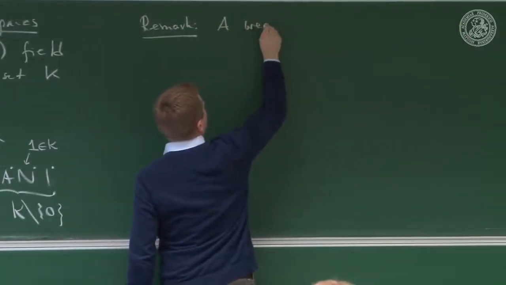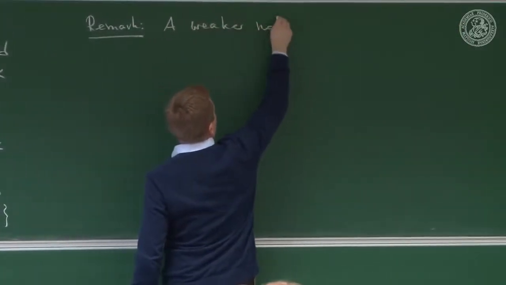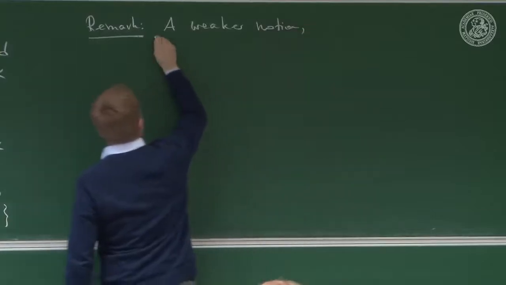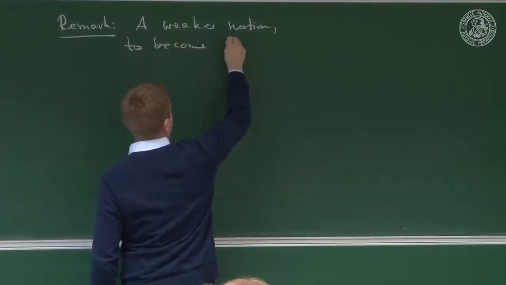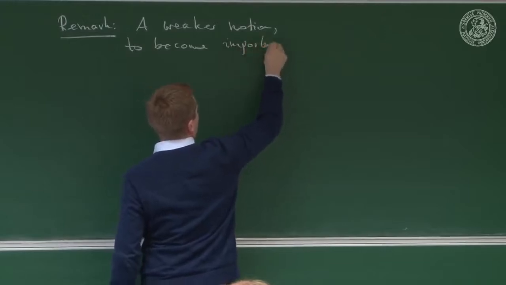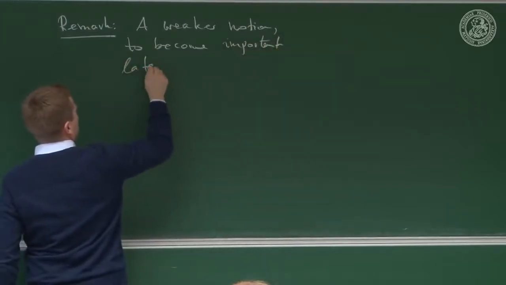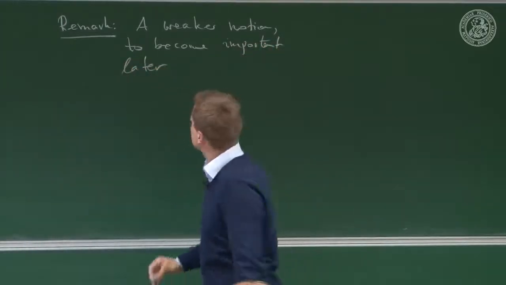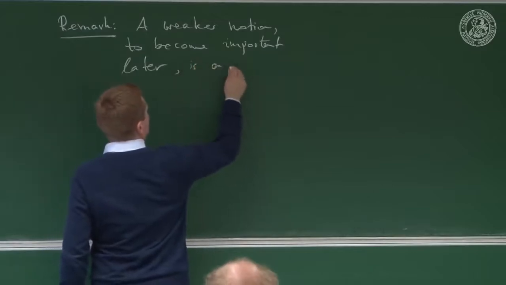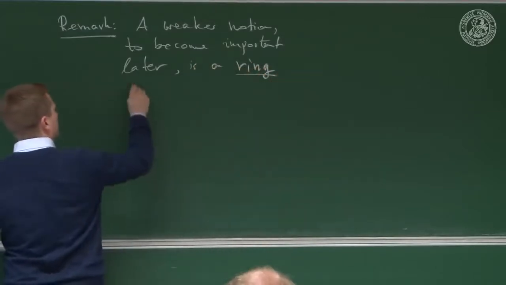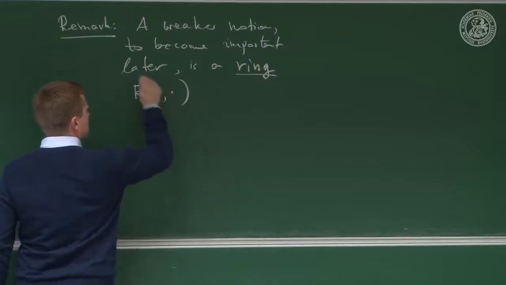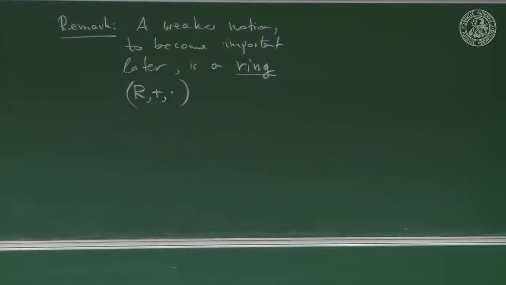A weaker notion, I should add wildly important to become important later, namely when we consider modules, is a so-called ring. And a ring comes very much like a field.